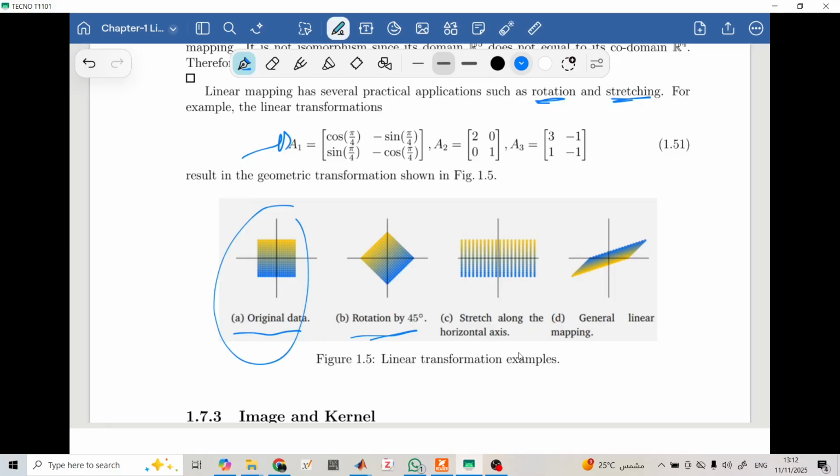You can stretch it using A2 right here by 2, or you can stretch it in different directions as in A3. So A3 is a general mapping, so you can think of a matrix as a geometric transformation in different directions.